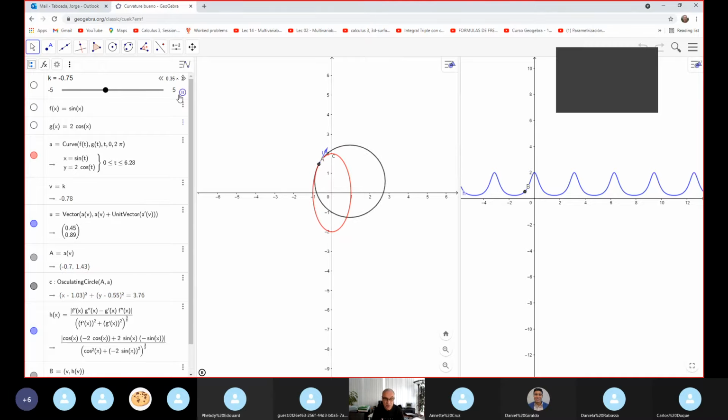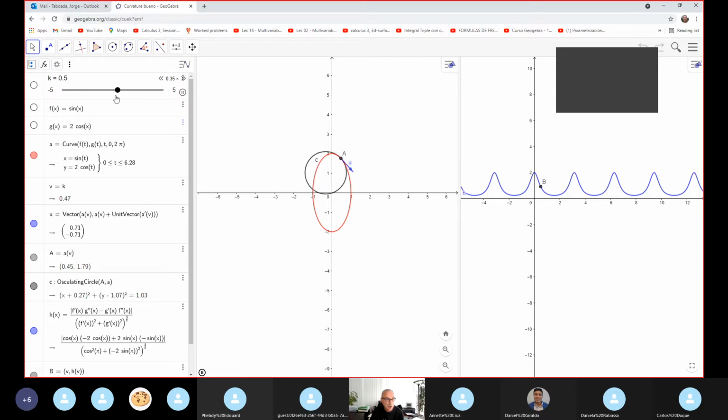And the specific point A, we can see the osculating circle. And you see how increasing or decreasing the radius, no? And you see in the left and the right part of the curve, this blue curve, this blue is the curvature equation. So you see, for example, in the point t equals 0, is this point.